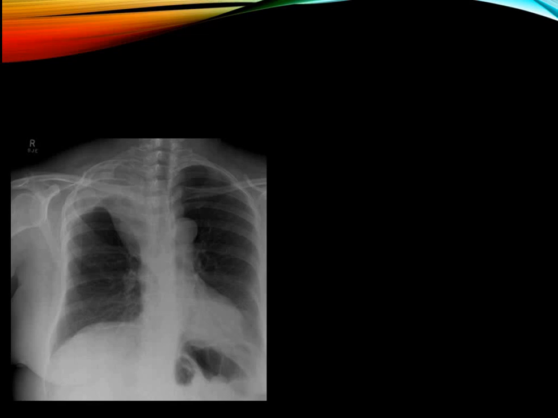The collapse raises the lateral part of the fissure, so we see the fissure in this shape, the reverse S sign or Golden S sign, which is specific for hilar malignancy with right upper lobe collapse.